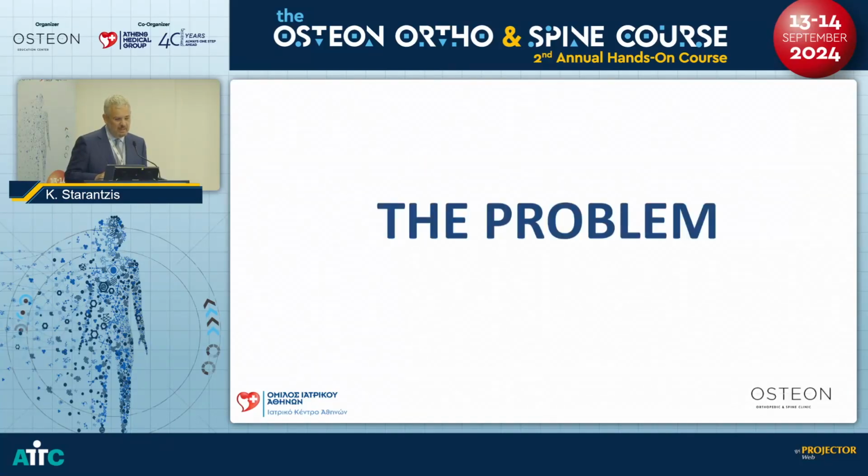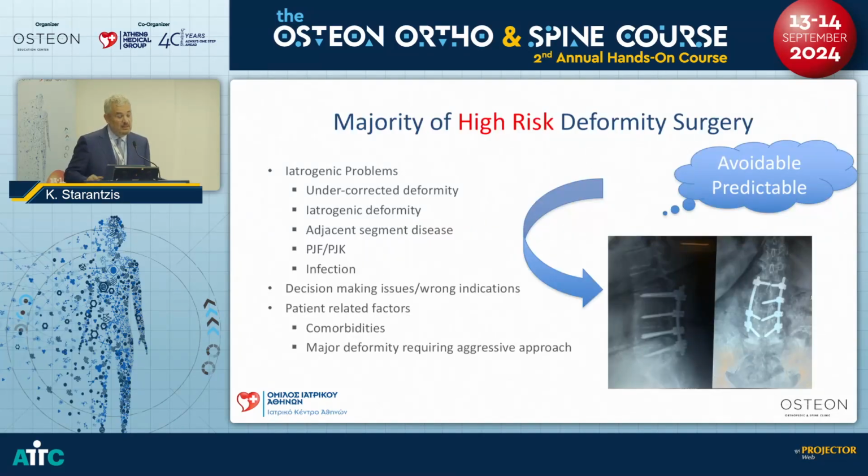We are talking about the real problem in deformity surgery, which unfortunately most of the time is iatrogenic. It is undercorrected deformities, iatrogenic deformity, like the one you see. It's the adjacent segment disease from degenerative surgery, the PJK, the PJF in deformity correction, the infections.